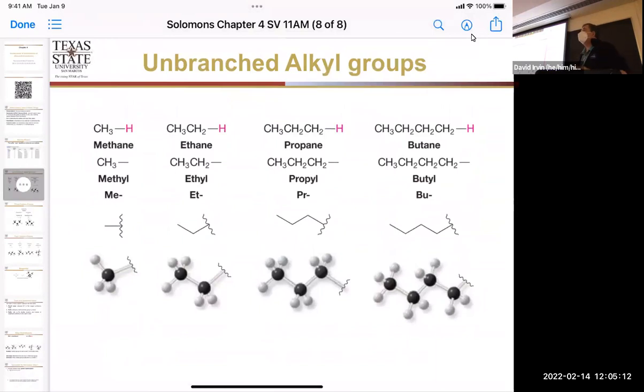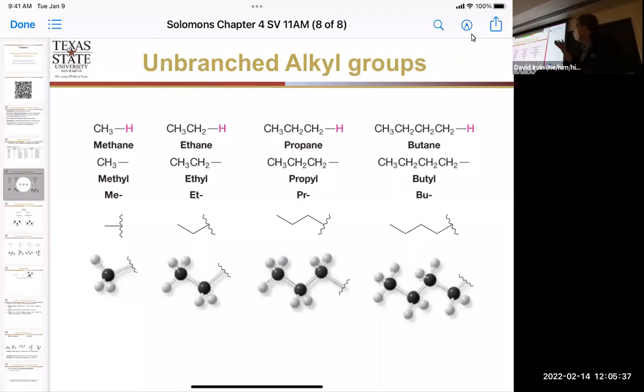But in the case of a substituent, we want to change the name slightly to show that it's a substituent. Let's say we have a small carbon chain hooked to another carbon chain. We want to demonstrate it as a substituent by naming the number of carbons in that chain. But instead of having A and E, we want to do YL. YL is telling us we have X number of carbons as a substituent.